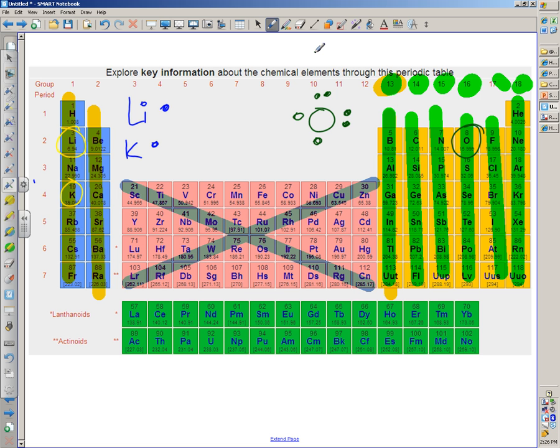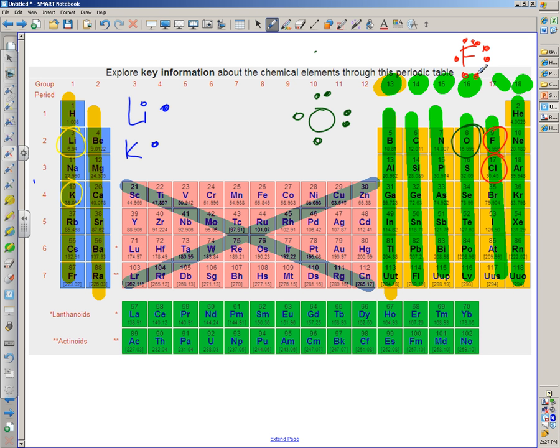The next 2 elements that show up in your outline are what? Okay. Here's fluorine, here's chlorine. What do you see about fluorine and chlorine? Same amount of valence electrons because they're in the same family. Specifically, which family? You remember the name of that one? Halogens, right? And Maddie, like you said, how many valence electrons specifically? 7, right? So, if I go fluorine, there's F, 1, 2, 3, 4, 5, 6, 7.